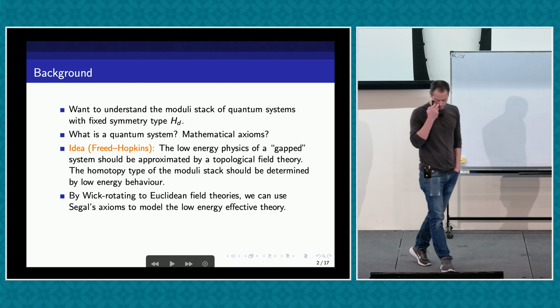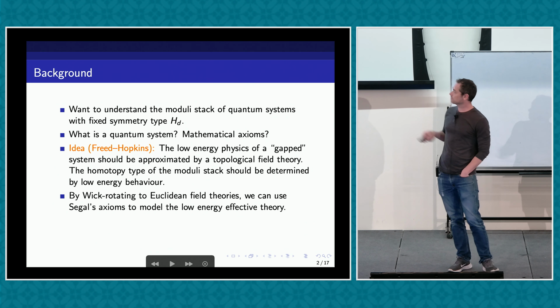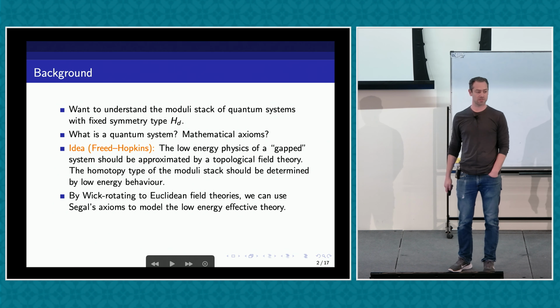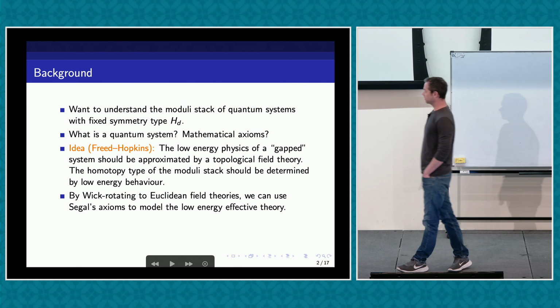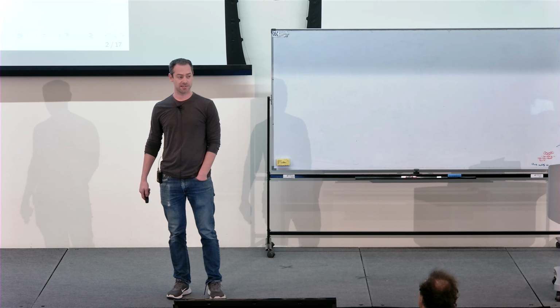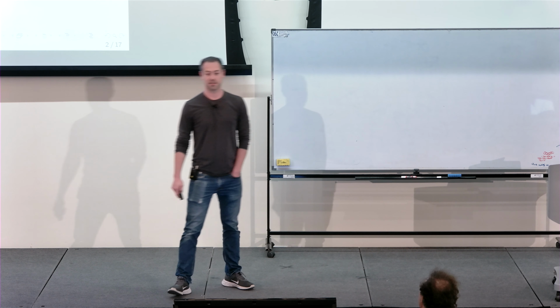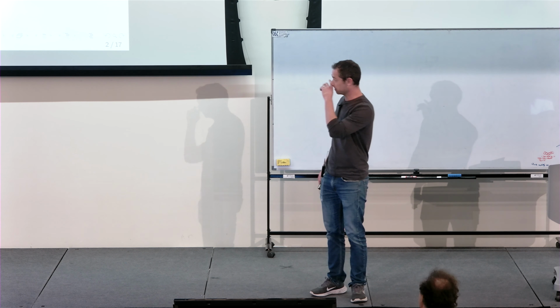Now, for these axioms, what are the axioms we're going to use? Let's Wick rotate our quantum field theories to the Euclidean setting, and then we can use Segal's axioms to try to understand the moduli space of the low energy effective theory.